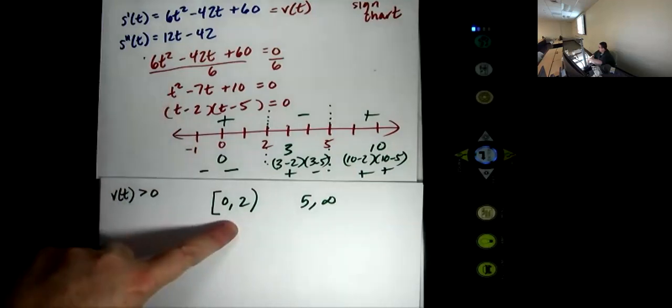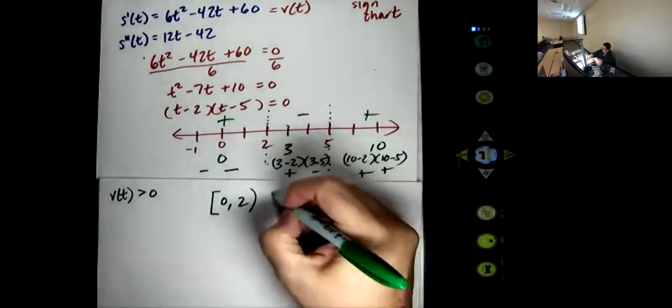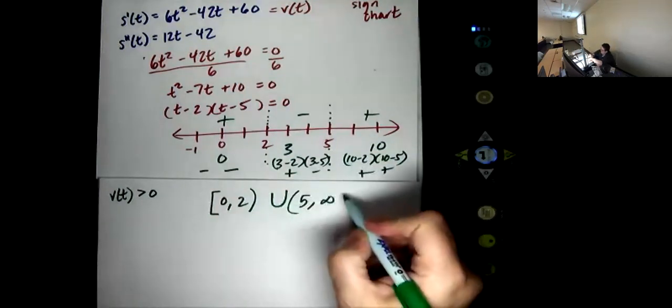So at 2, the instantaneous velocity is 0. So it's not positive. We're not going to include it. What's the next symbol? Union. And that reinforces the algebra stuff on you guys. That's the weakest strength for most calc students. This is algebra. And the 5, parenthesis. And infinity is always a parenthesis.